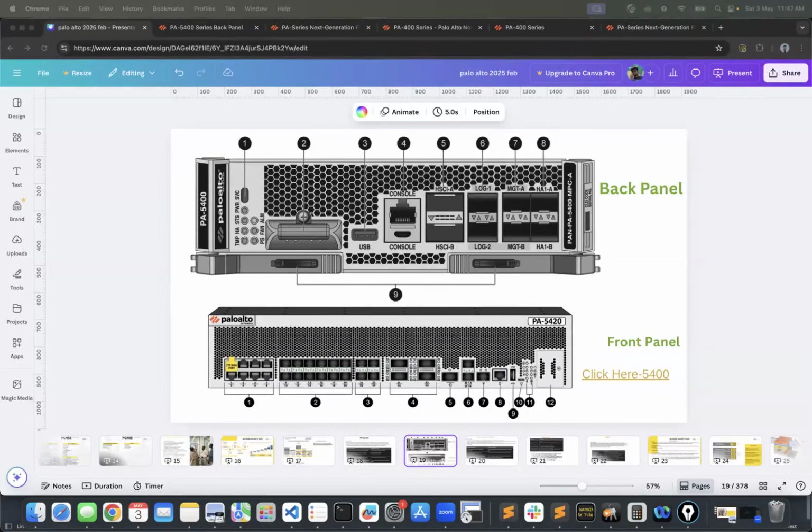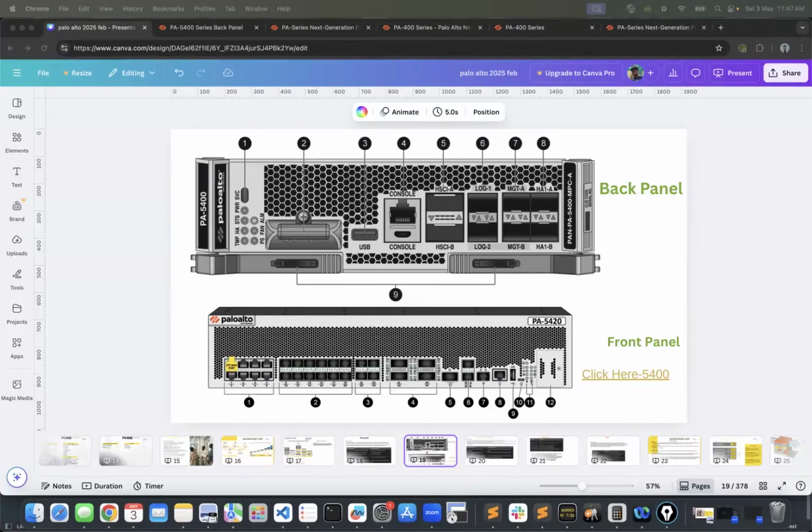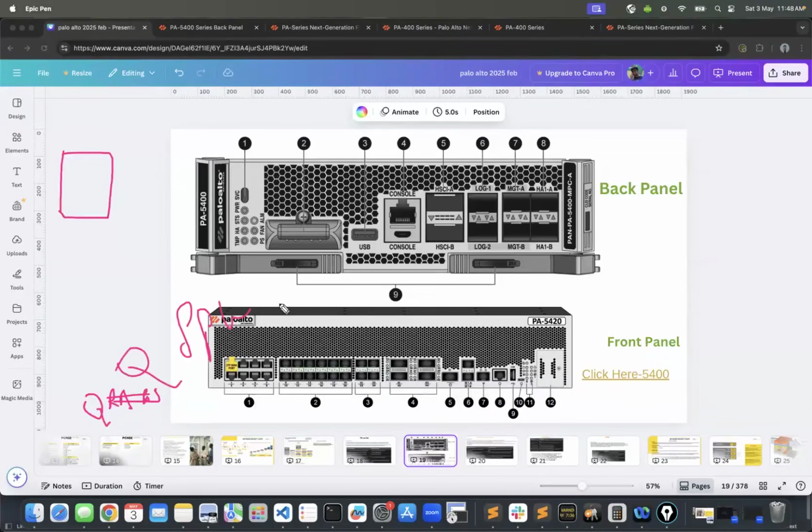So let's assume a firewall is there and there is some syslog server, for example QRadar or Splunk, anything you have worked on. By default, Palo Alto, if syslog is enabled, will send syslog traffic, by default UDP 514.